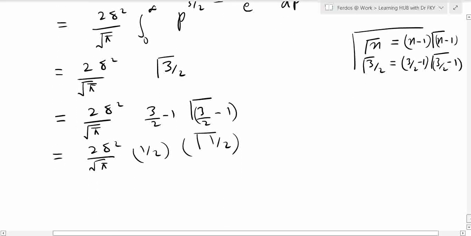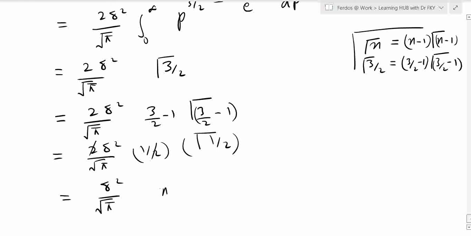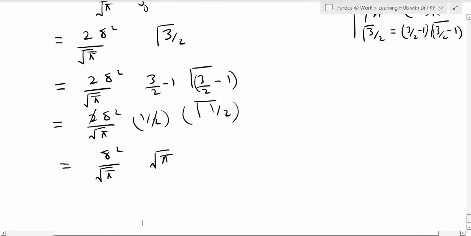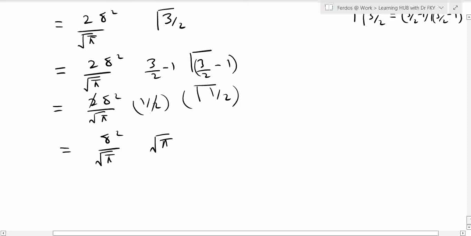Now you can cancel this with this, and this is equal to sigma square divided by square root of pi. And we already discussed that gamma function of 1 divided by 2 is square root of pi. So you can cancel this with this, and this is equal to sigma square.